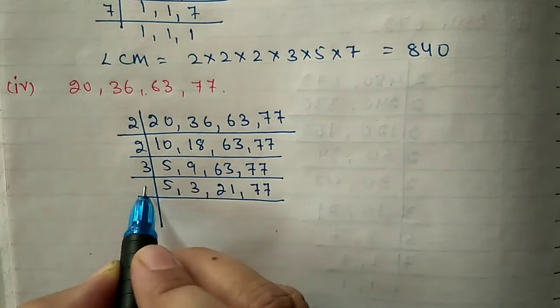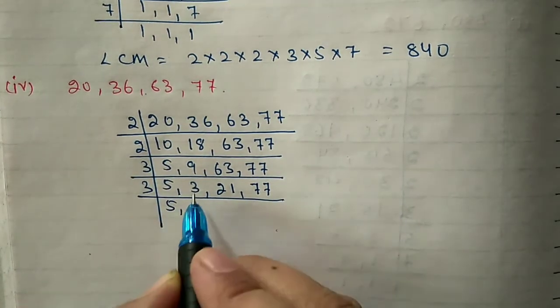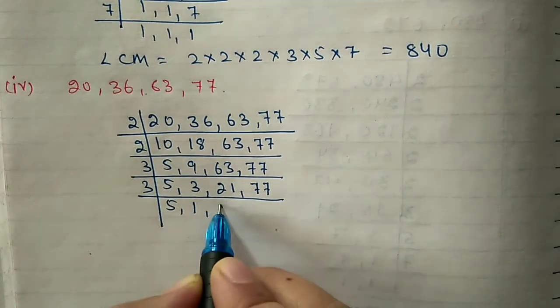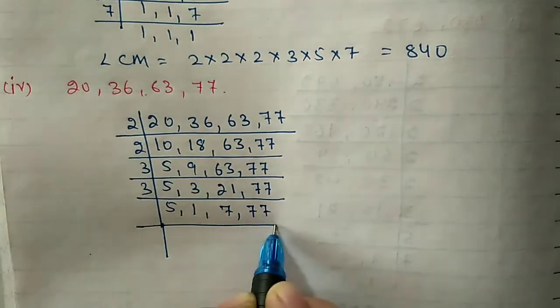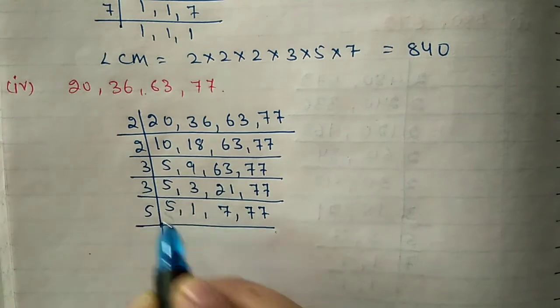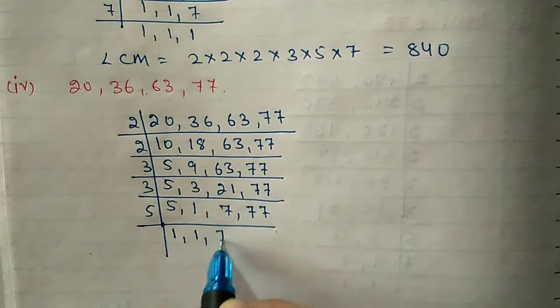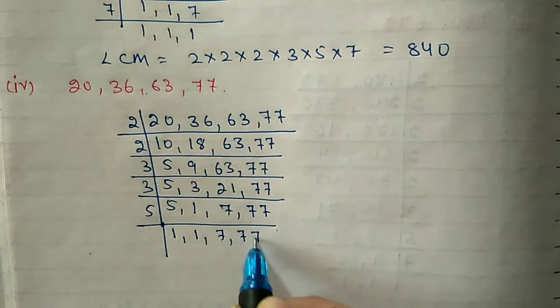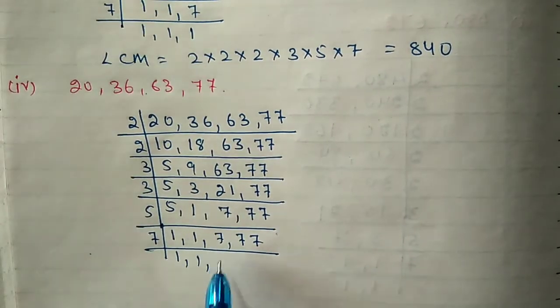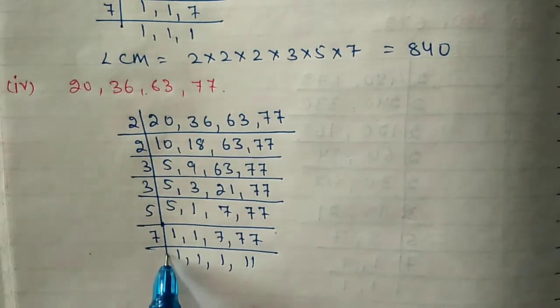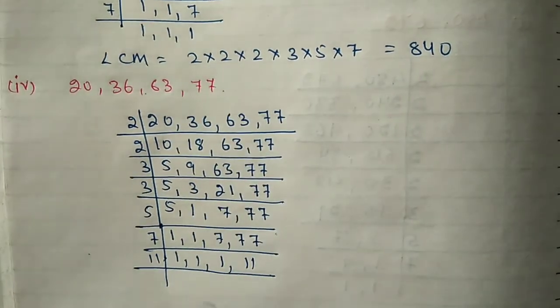Then again with 3: 5 as it is, 3 1s are 3 and 3 7s are 21 and 77. We will keep it like this only. Again 5: 5 1s are 5, 1, 7 and 77 like this. Then with 7: 7 1s are 7 and 7 11s are 77. At last we will use 11.